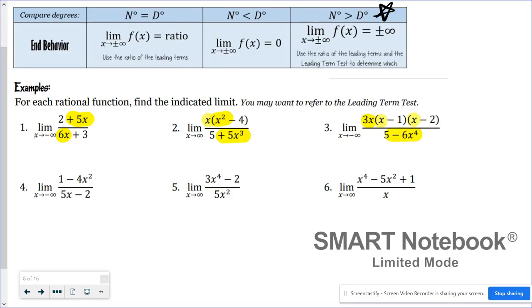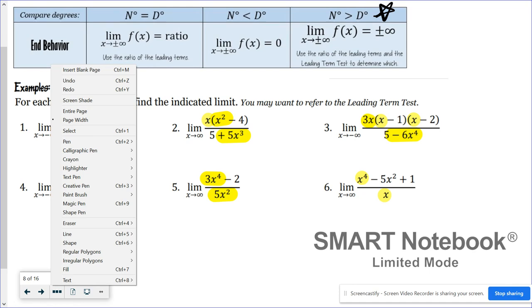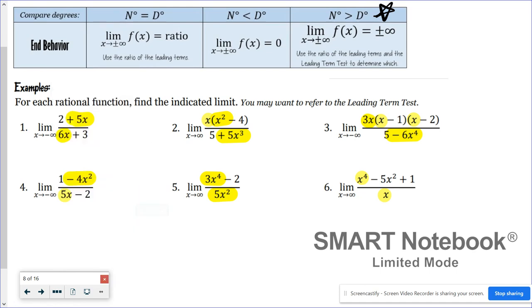But on the bottom, I have negative 6x to the fourth. So you definitely want to include the signs when you're identifying your leading terms. Like in number 4, the leading term on top is negative 4x squared, okay? So I'm just highlighting the leading terms on top and on the bottom, because then it's going to make it go really fast when I find the end behavior.